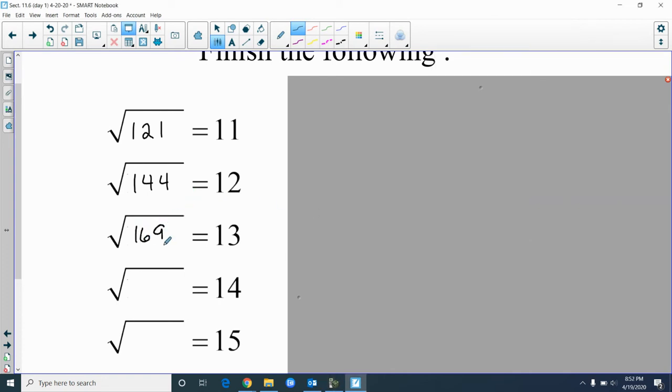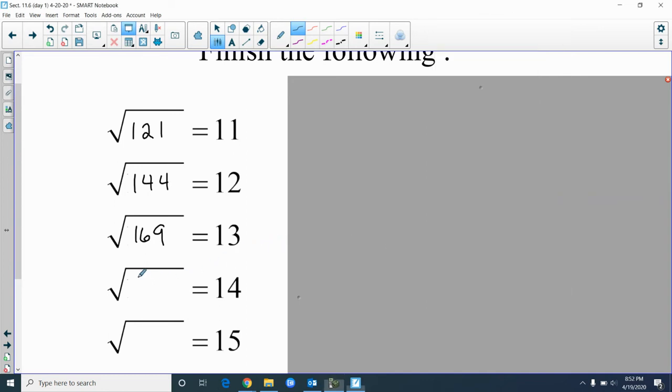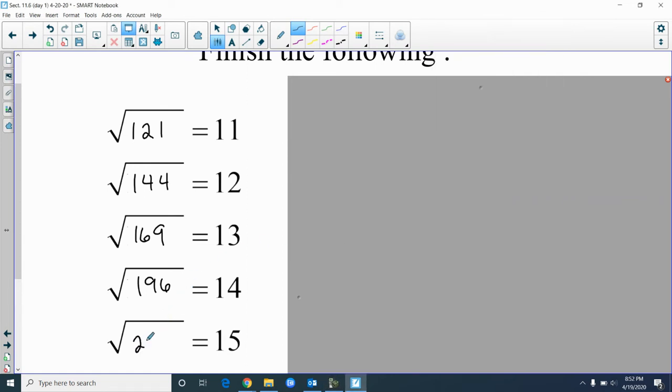So the square root of 169 is, we're going in reverse there, that's going to be 13. Well, the square root of what is 14? Just plug in 14 squared. You get 196. The square root of what is 15? Just do 15 squared and you get 225.